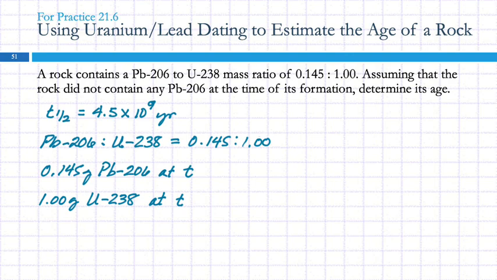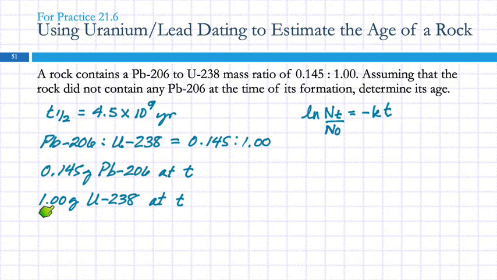What we need in order to be able to use this equation is the amount of uranium-238 that's left and the amount that there originally was, right?